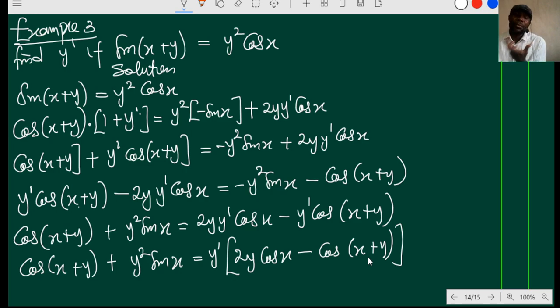So we now divide both sides by the coefficients of y prime. So let's write it out again.